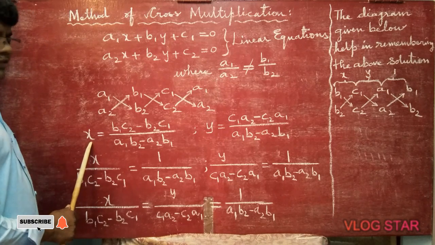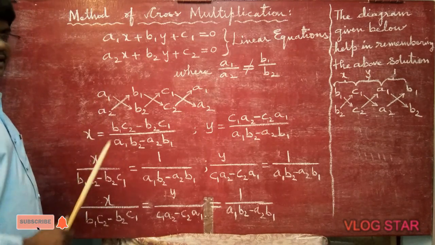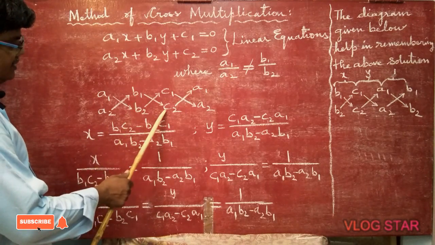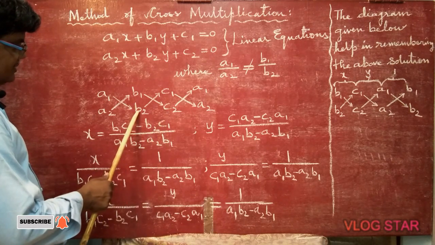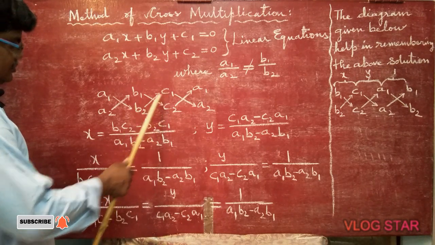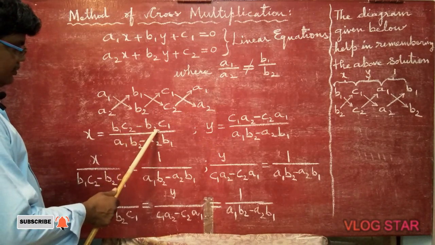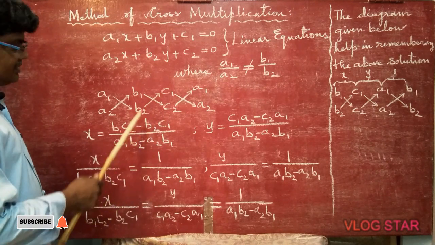How to find the value of x: don't write the x coefficients, take the remaining. b1 into c2 minus b2 into c1. Why did this minus come?